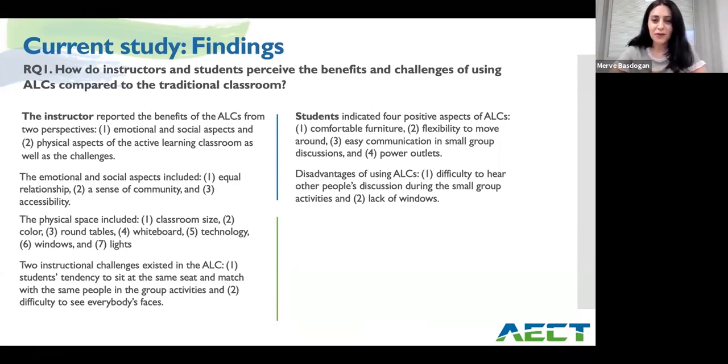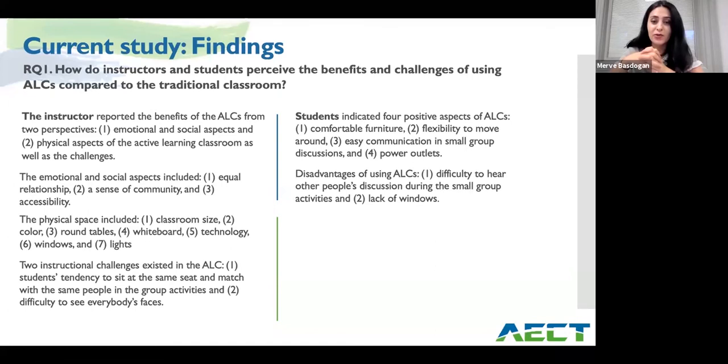To answer our first research question, which is to understand instructor and student perceptions of active learning classrooms compared to the traditional classroom, we interviewed both students and the instructor, as Meina explained. For the instructor interview, we found that the emotional and social aspects as well as the physical aspects of the classroom are among the positives of the active learning classrooms reported by the instructor.